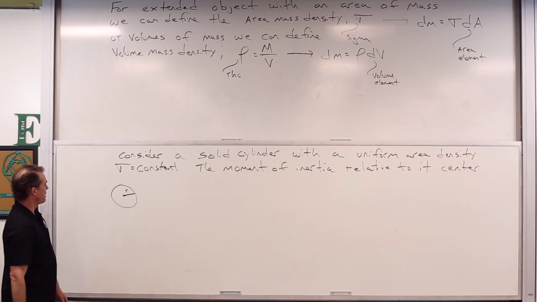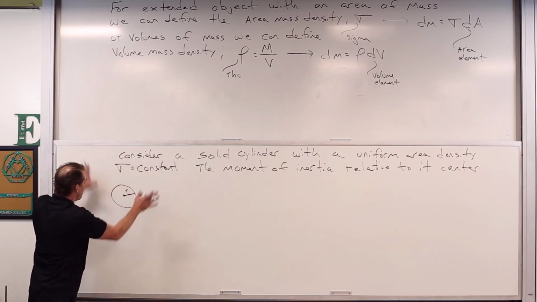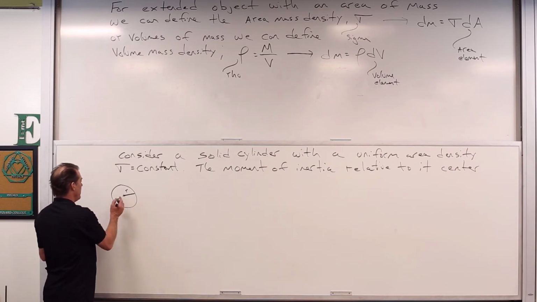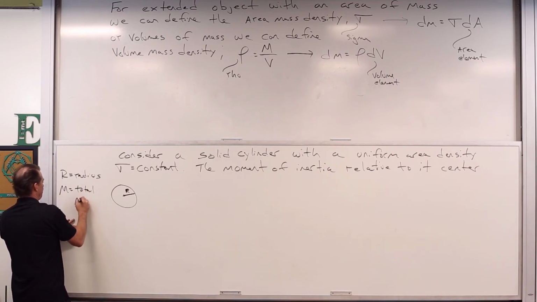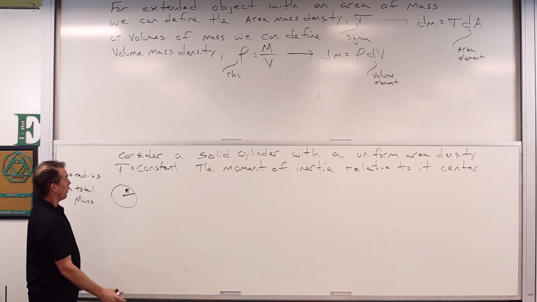Well, we've got this to consider, right? We want to go ahead and figure out the total mass distribution relative to the center and say that this cylinder has some radius r. What are we going to have?